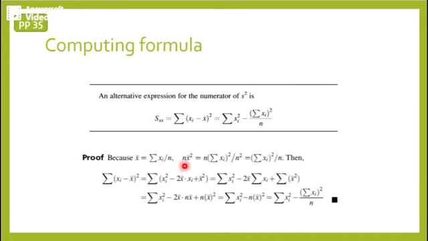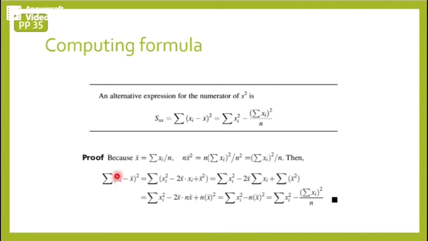And then n times the sample mean squared reduces, if you substitute the sample mean in, to the square of the sum of the observations divided by n. Then you start with the sum of the deviations about the sample mean squared.